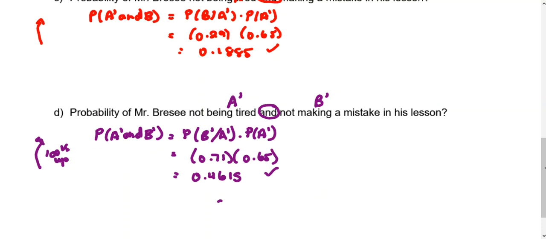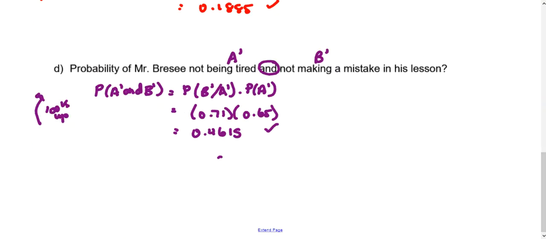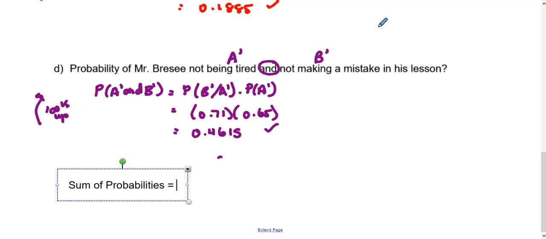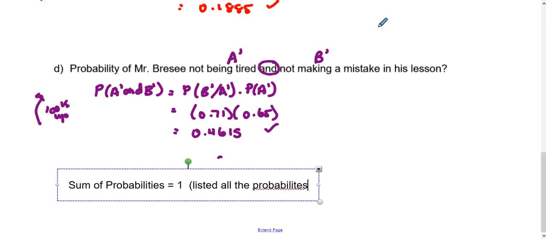Now, I know that this is not here, but if I look at this, all right, if I added up all these probabilities, it would equal 1 because I have listed all the probabilities or outcomes.